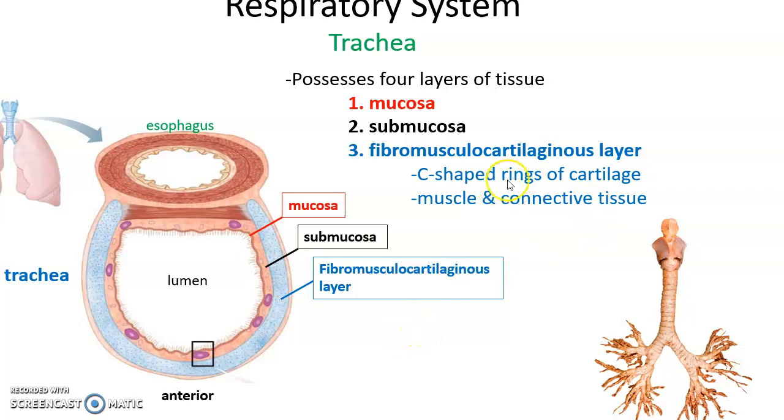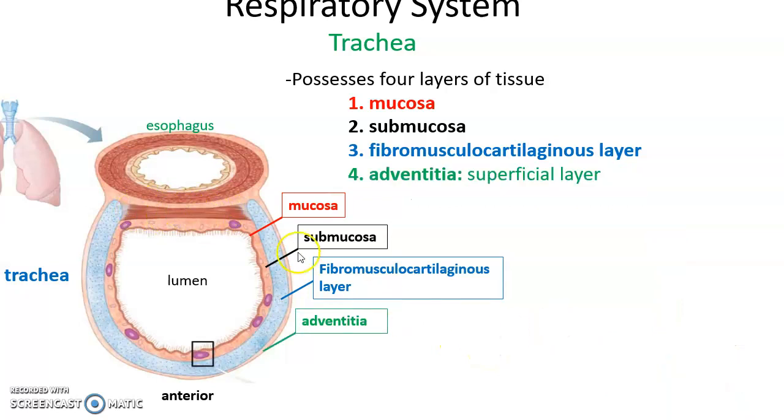The muscular tissue is also found within the trachea. And then the most superficial layer, the outermost layer, is called the adventitia. It is just some connective tissue, helps hold the trachea in place.